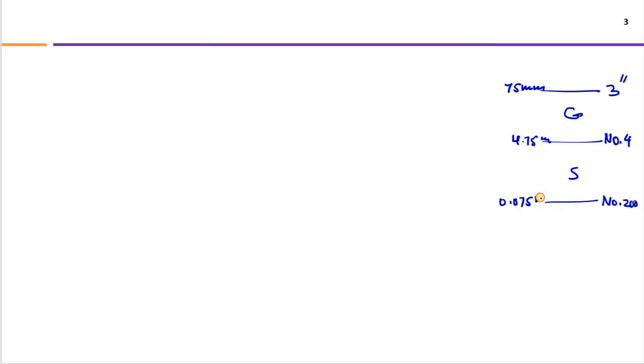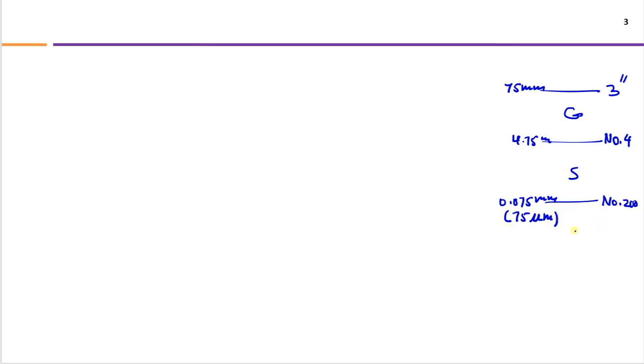If you remember, when we distinguish between gravels, sand, and fines, for gravels the upper sieve is the 3-inch sieve and the lower sieve is number 4, and for differentiating sands and fines it is the number 200 sieve. The sizes are 75 millimeter, 4.75 millimeter, and 0.075 millimeter, or sometimes we can write 75 micrometer.